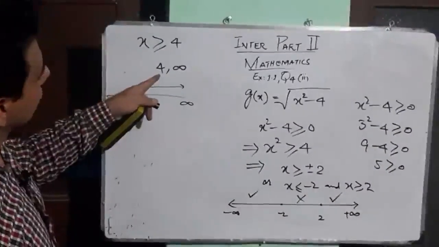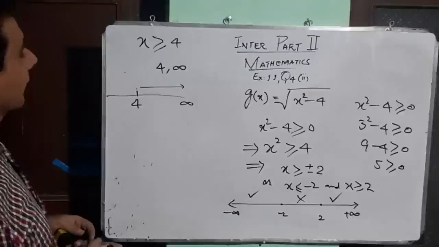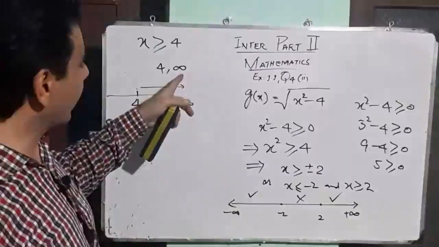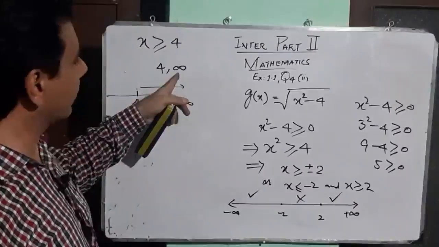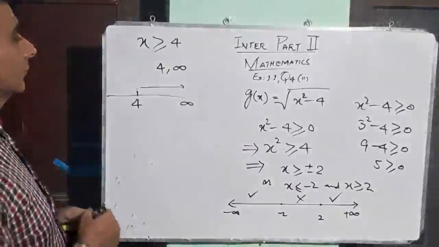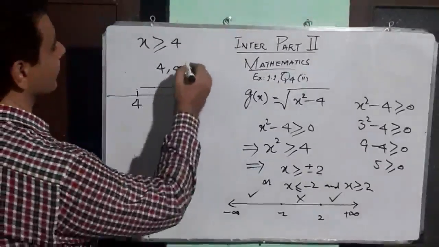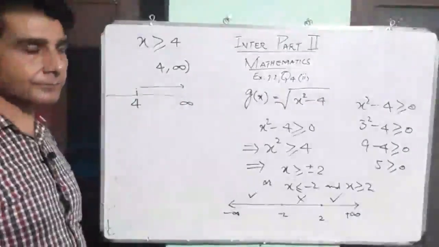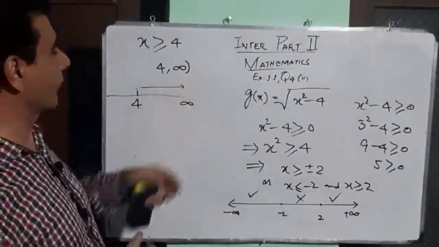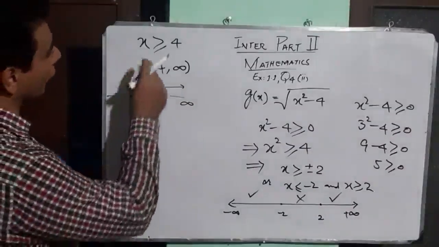Whenever we write the interval notation for infinity, we use parenthesis, so it's an open interval.